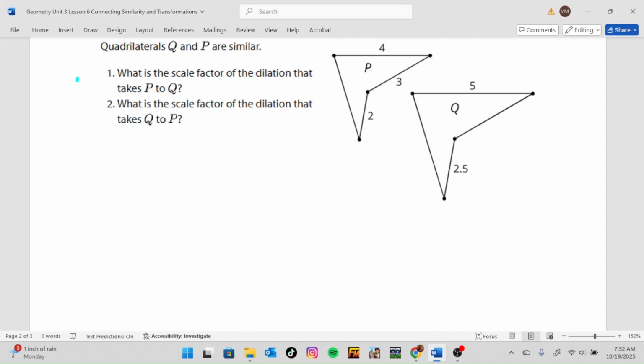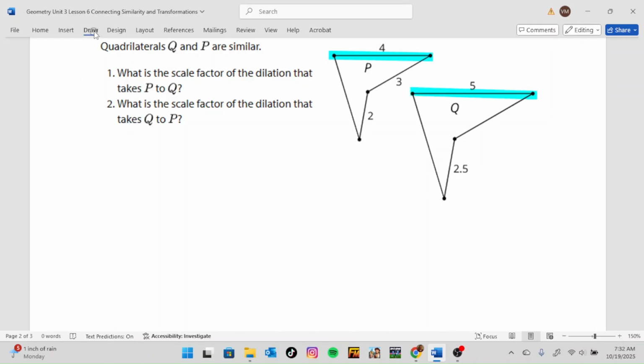So you can pick either side that you know the numbers of. We have 4 and 5 on the top. We have 2 and 2.5 on the bottom. I would prefer to do this with whole numbers, so I'm going to be using these top sides here.